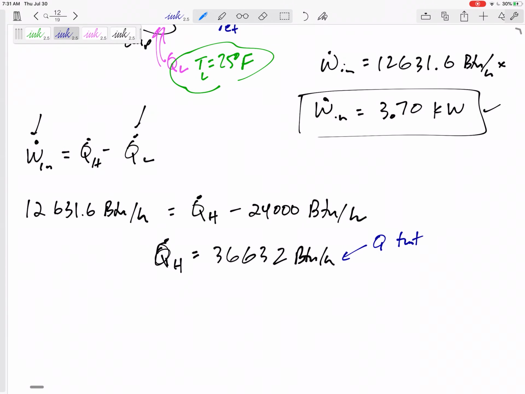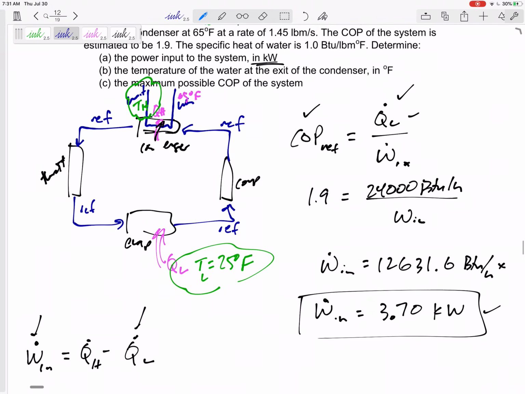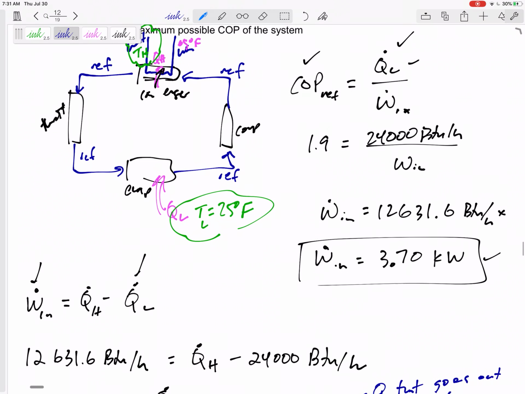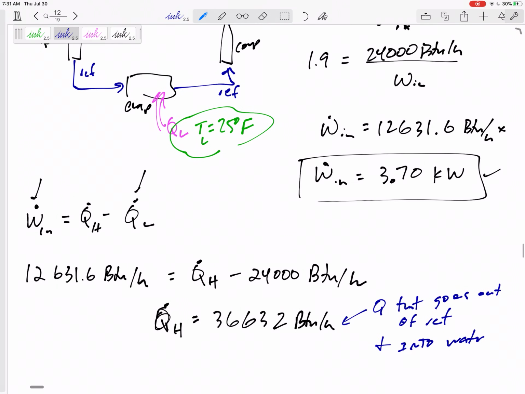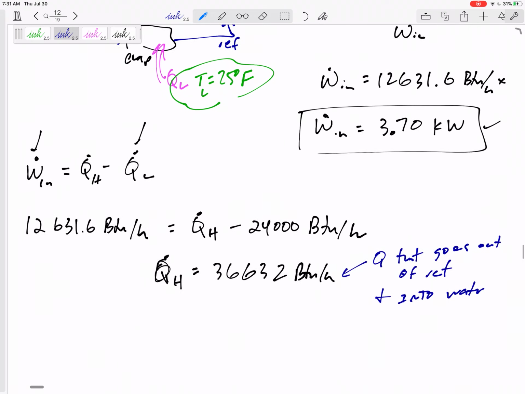The heat transfer that goes out of the refrigerant and into the water cooled condenser, the water that is cooling the refrigerant. This is like a heat exchanger right here. The QH that's leaving the refrigerant is going into the water. The water comes in at 65 degrees Fahrenheit. What does it go out as?